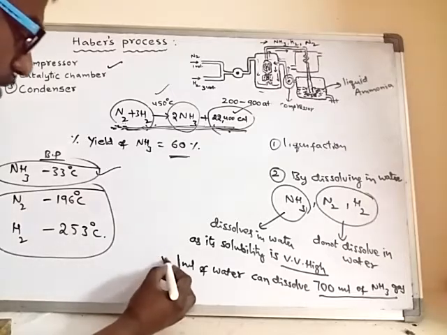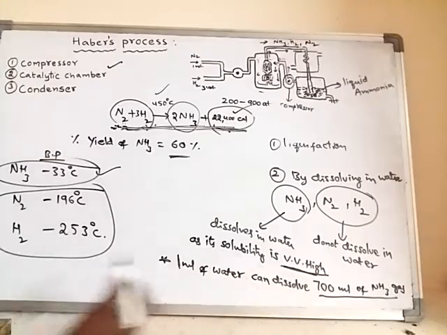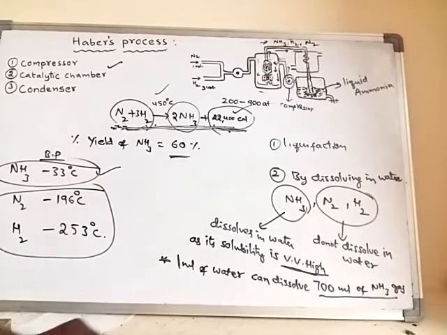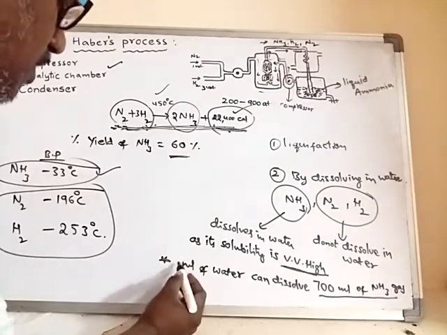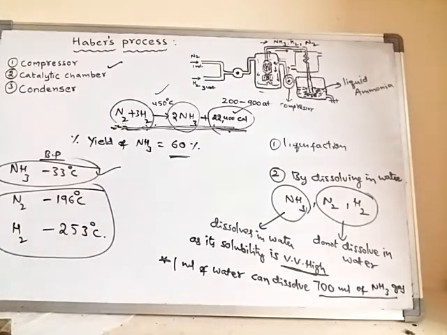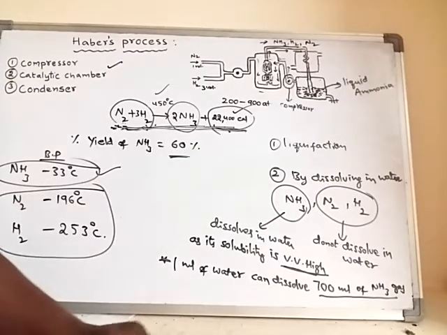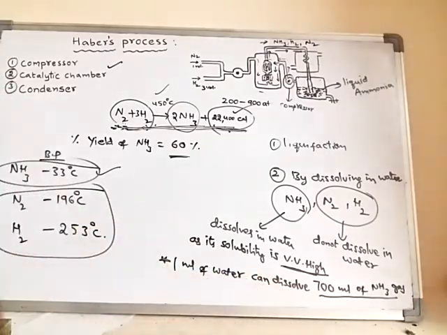Ammonia is very highly soluble. So 1 milliliter of water can dissolve 700 milliliters of ammonia into it. That much solubility the ammonia has.